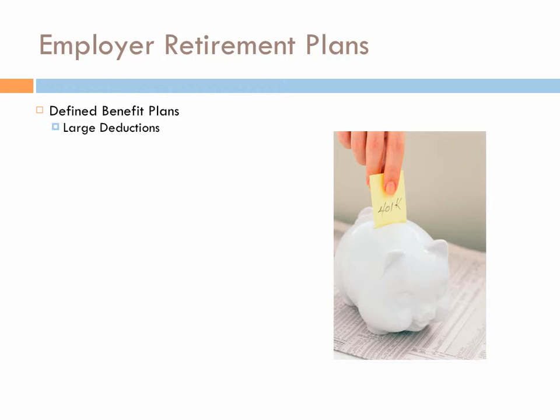The second type of plan is a defined contribution plan. Contributions to these plans are determined as a percentage of compensation and are made to employee accounts held within the plan. One common defined contribution plan is the 401k. This is a qualified plan which will require testing and meeting specified standards, accounting for vesting and other features of the plan, and filing of Form 5500.